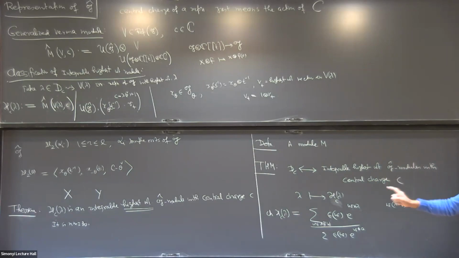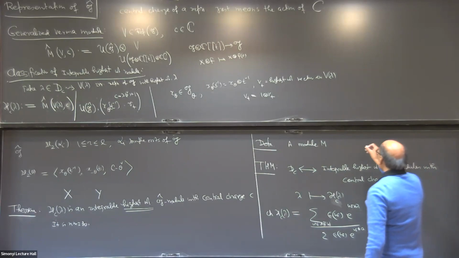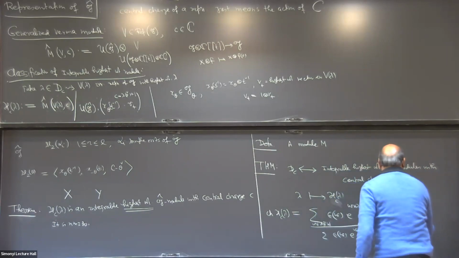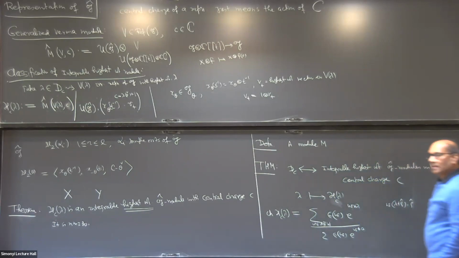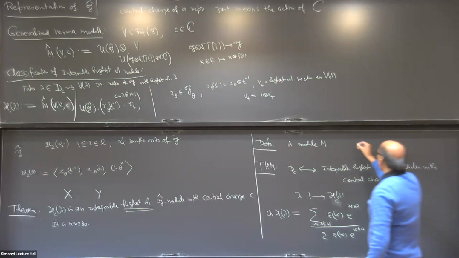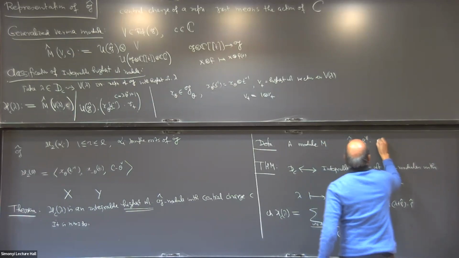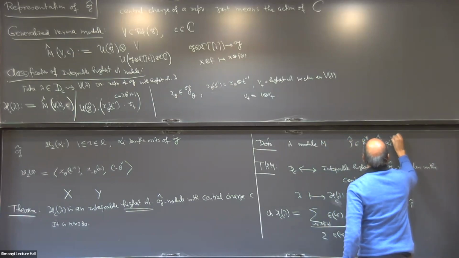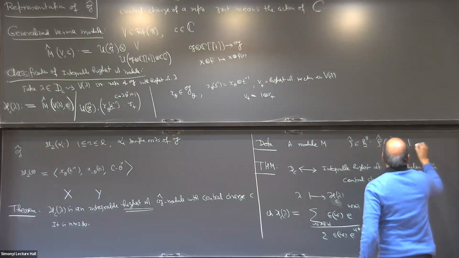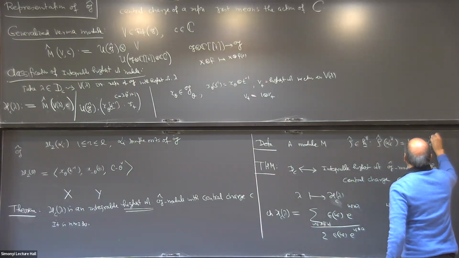For the affine things, I put a hat. So rho hat is an element in h star such that rho hat on alpha_i check is 1 for all alpha_i check from 0 to n.